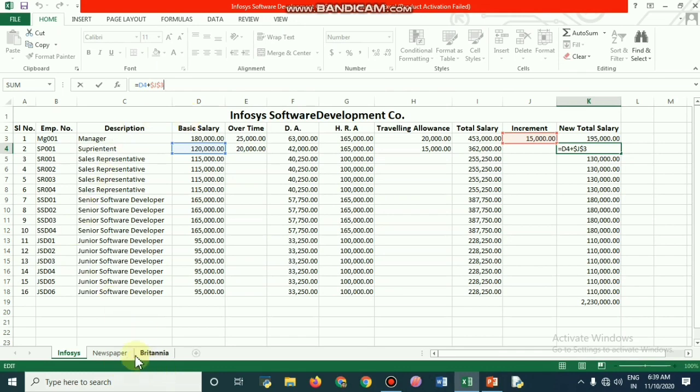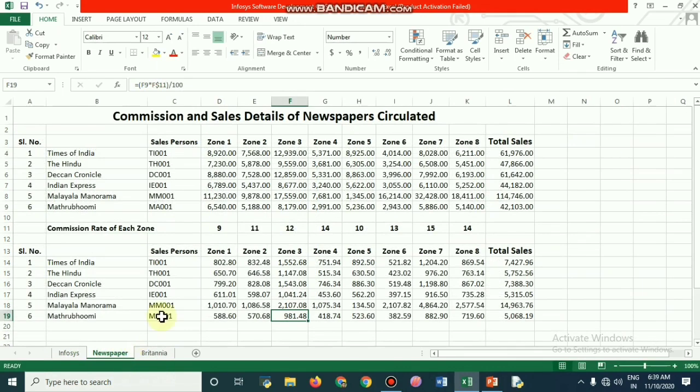But in certain other cases, in the case of the commissions of the newspaper, certain things need not always change. The commission rates are 9, 11, 12, 14, 10, 13, 15 and 14. So you need not change certain things.